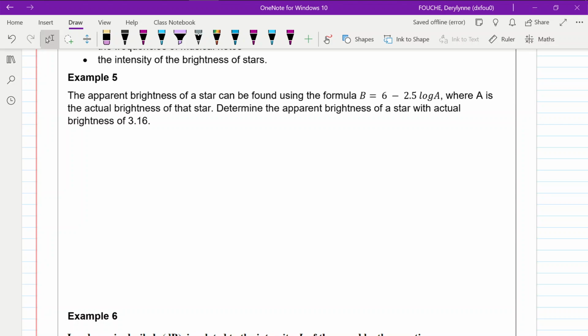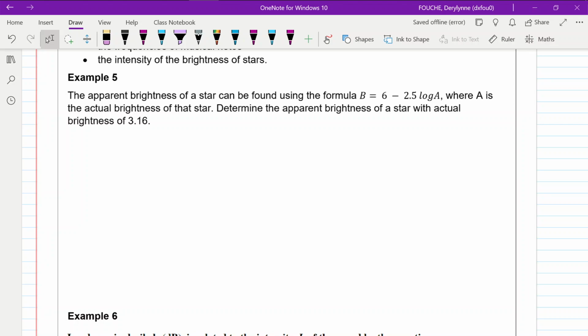Okay, and it's always going to be an order of magnitude larger or smaller, so many times larger or smaller. So let's have a look at how a log scale works.